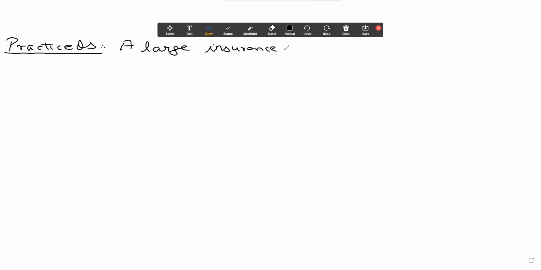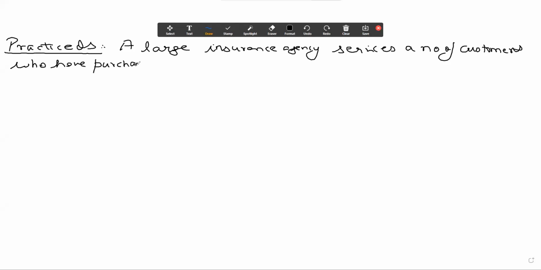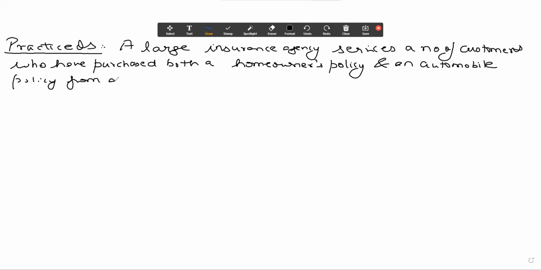Now let's do a numerical. Let's do a practice question. A large insurance agency services a number of customers who have purchased both a homeowner's policy and an automobile policy from the agency.